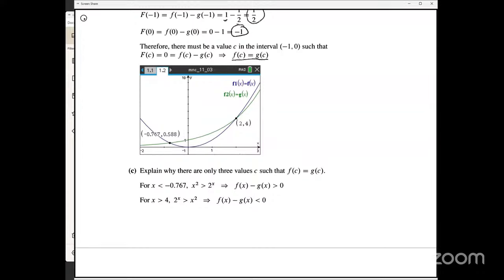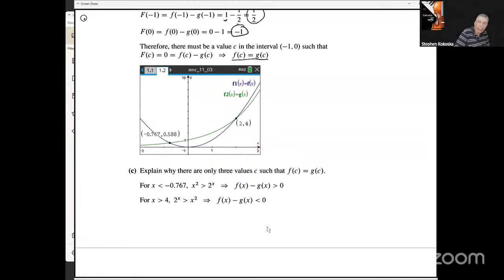All right, why are those the only three values of c? Well, here's a way to do this. For x less than that negative value, minus 0.767, I can see graphically, and I think I can reason out, that x squared is always greater than 2 to the x.